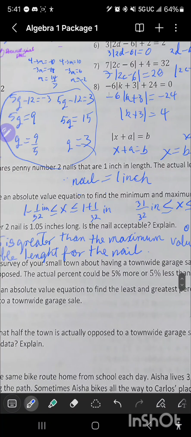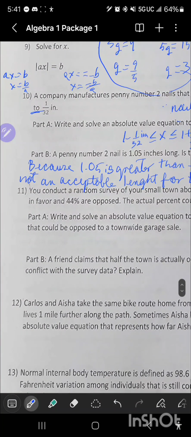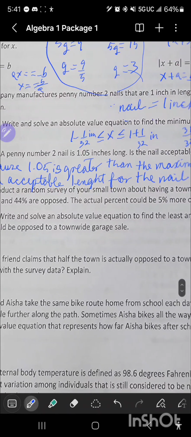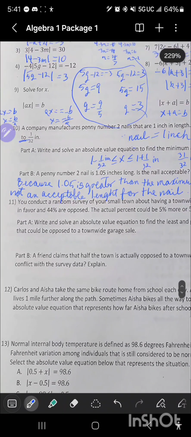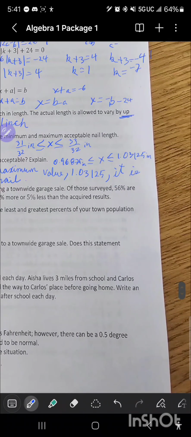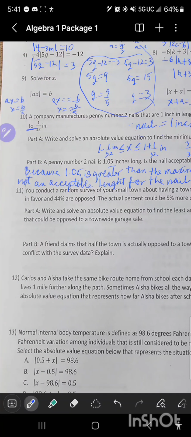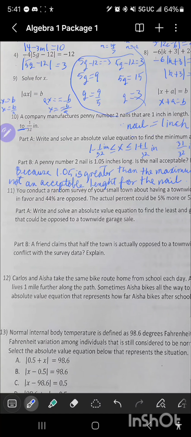That's basically the answer. Now I think I'll do number 11 and we'll finish for today's lesson. So let's read it. You conduct a random survey of your small town about having a town-wide garage sale. Of those surveyed, 56% are in favor and 44% are opposed.